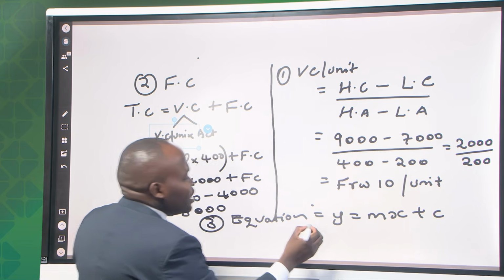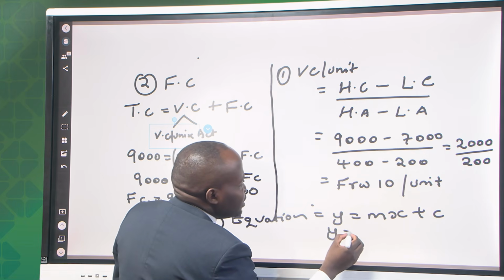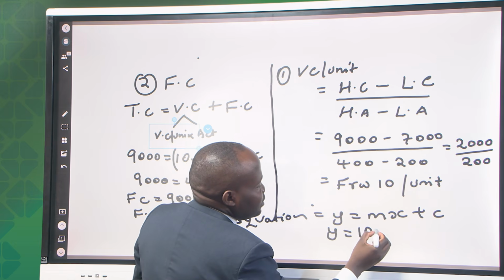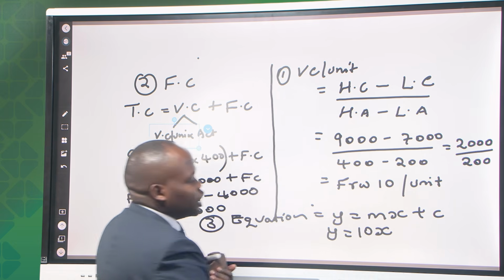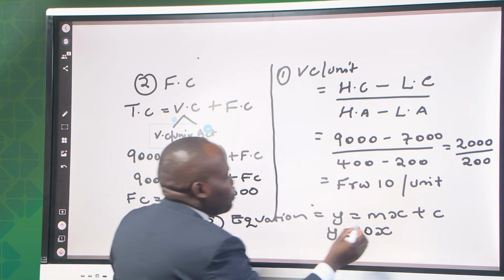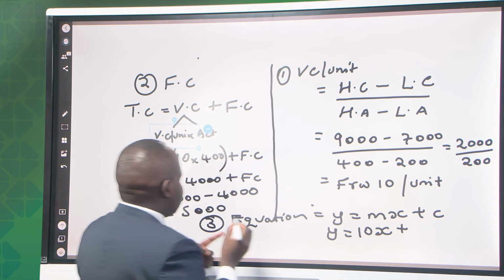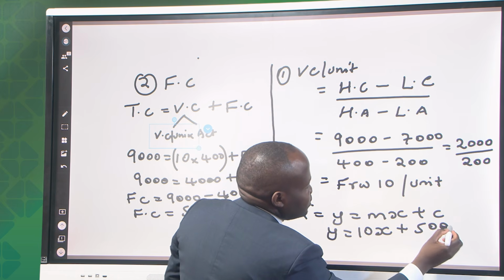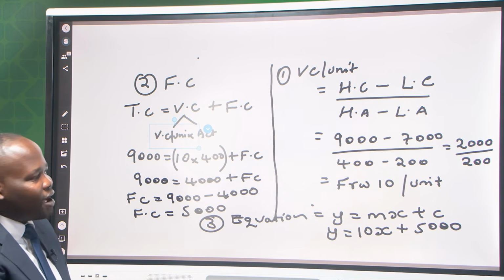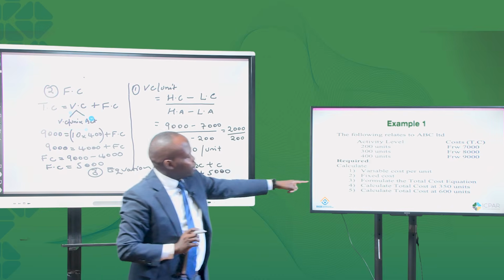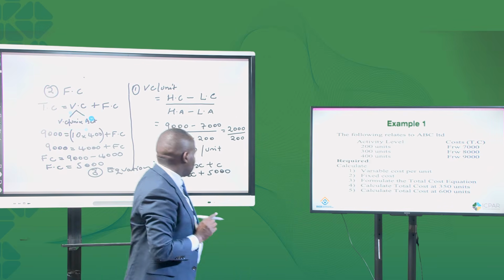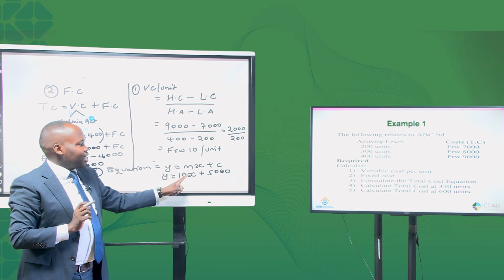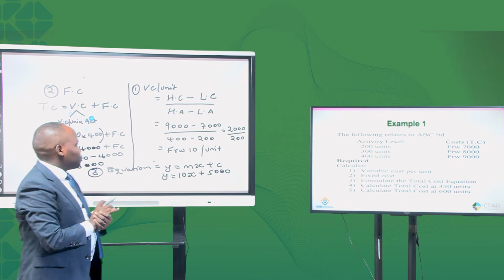Now, we have already calculated the m as 10, and activity keeps on changing, and then plus our fixed cost, we have calculated as 5,000. So that is what we have as our equation. In this case, formulate the total cost equation. The equation will be y = 10x + 5,000.